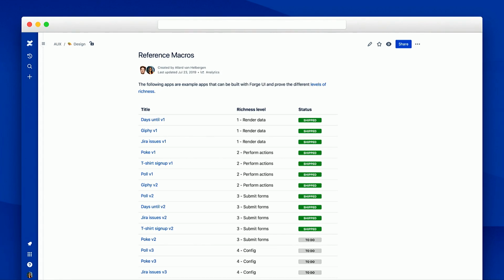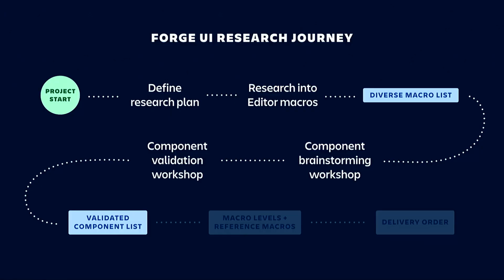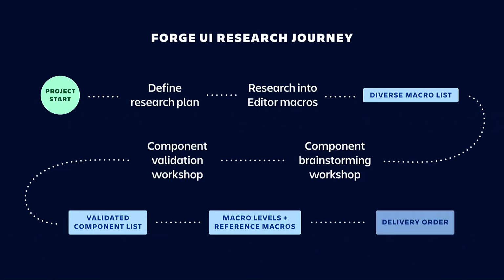We also realized that these macros would make for great reference documentation, so we renamed this list to our reference macros list. So once we had our validated component list, our macro richness levels, and our list of reference macros, the order in which we'd iteratively deliver our project came out quite naturally. With this, we wrapped up the research portion of our project, and we moved into execution.